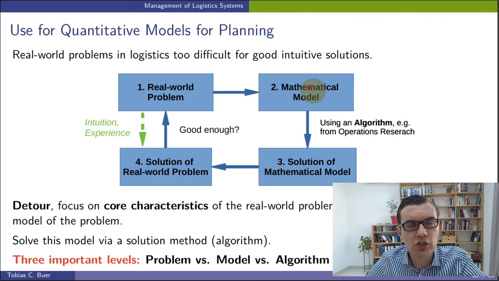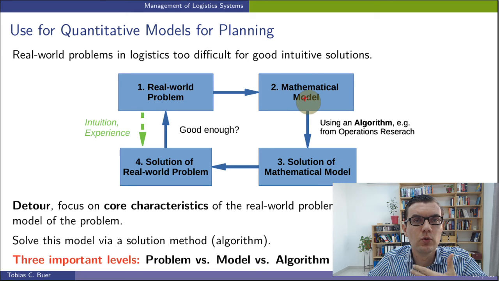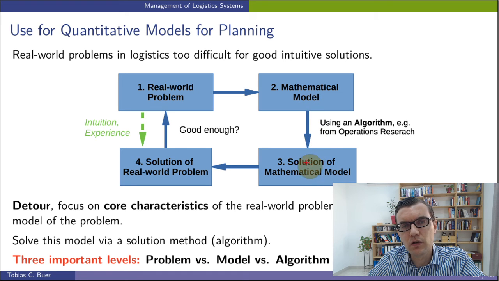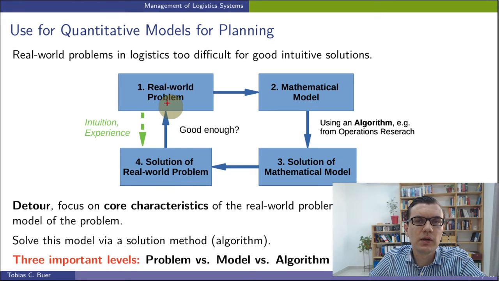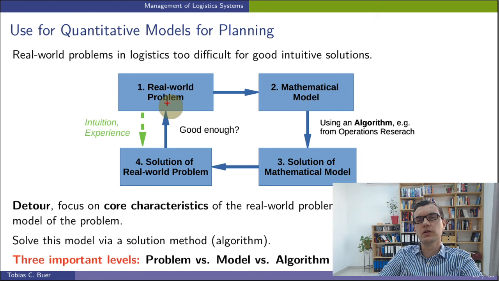You need to change your mathematical model. Maybe you need to extend this model. You solve it again and check the new solution. Is this solution for the mathematical model good enough for the real-world problem? Yes, then you're done. No, then you have to repeat it.